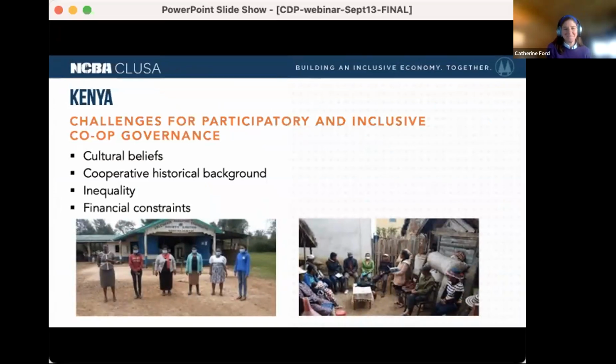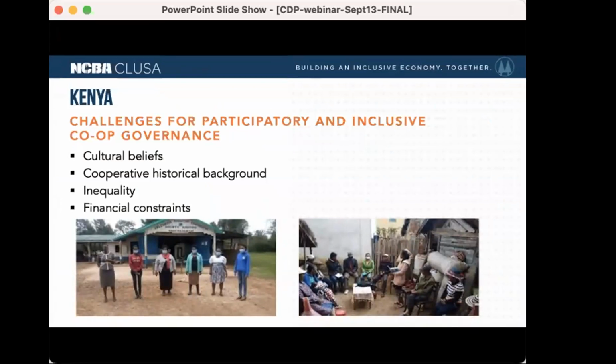The main challenges that we faced in Kenya included the youth and women in cooperative. First of all, it is the cultural beliefs in our country, because in most communities, women and youth do not own property, especially the factors of production, that is land and maybe bigger animals like cows and camels.